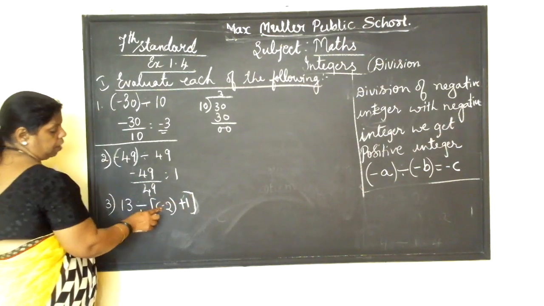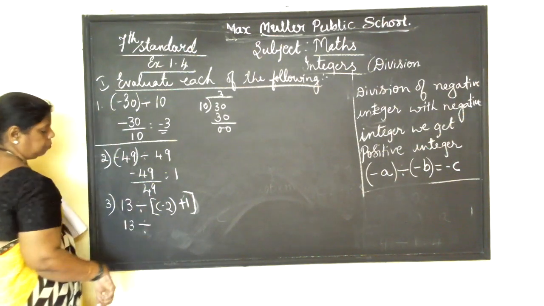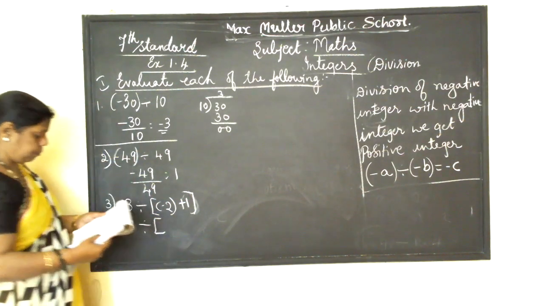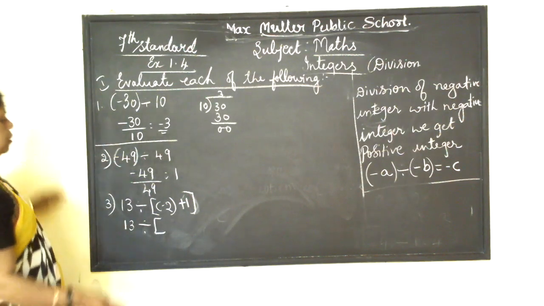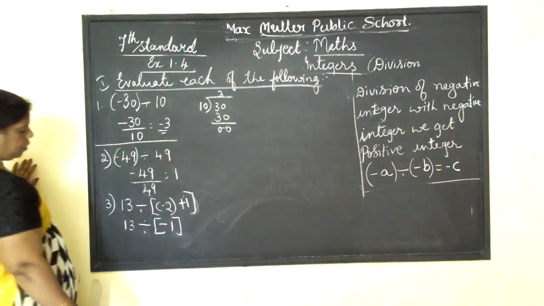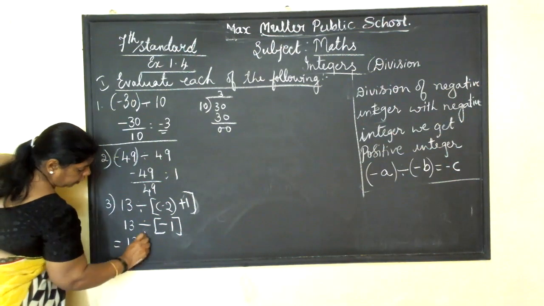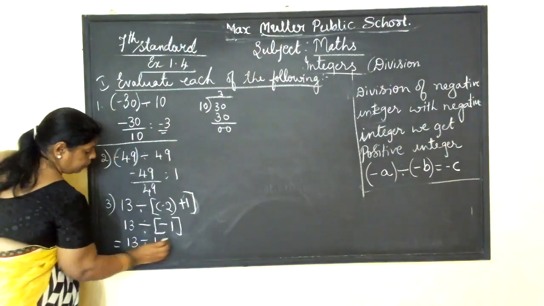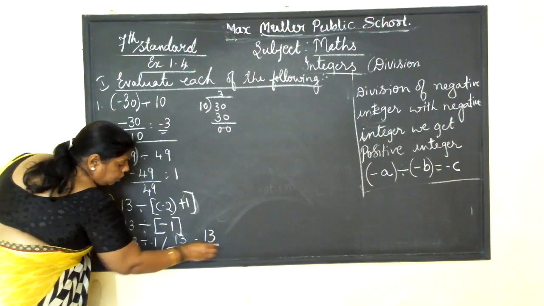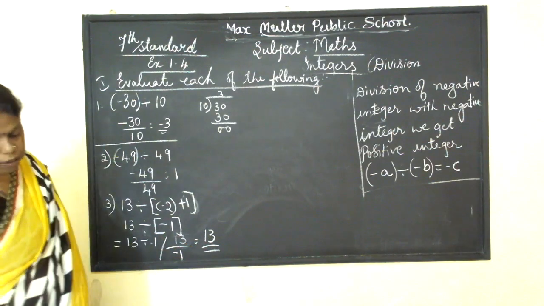Here minus 2 and here plus 1. First we have to calculate that one. Plus into minus, minus 1 you will get, difference. So, 13 divided by minus 1 is equal to minus 13.